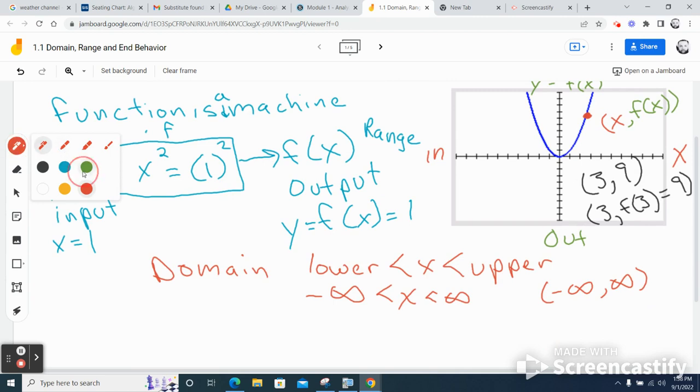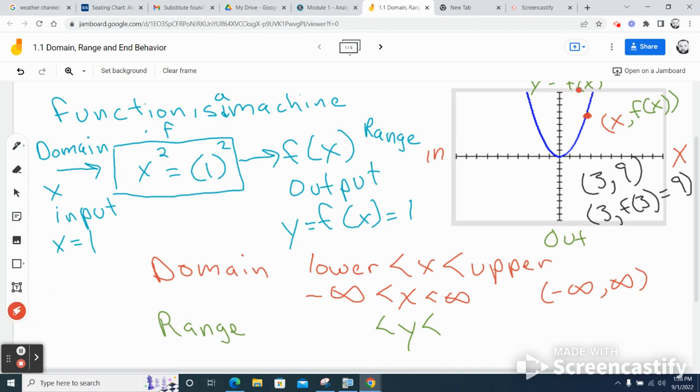So now we want to do the range. For the range, we're going to look at the graph up and down. So again, I want the lower bound and the upper bound. I'm going to follow the graph. What's the lowest possible y value? 0.